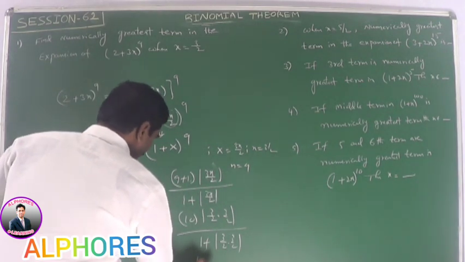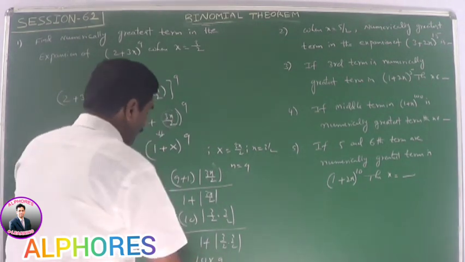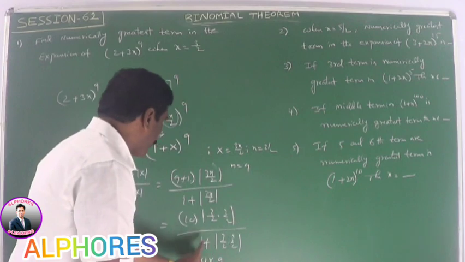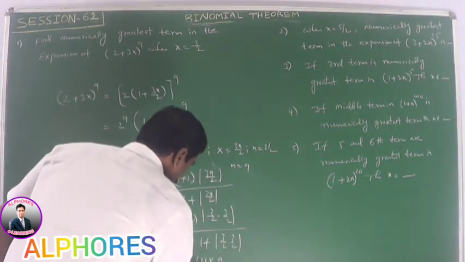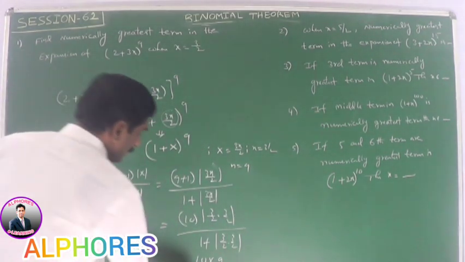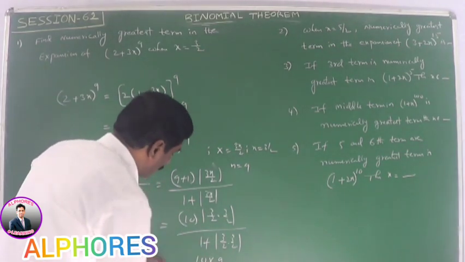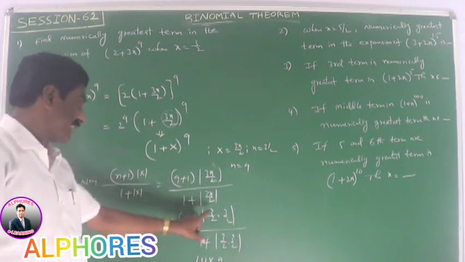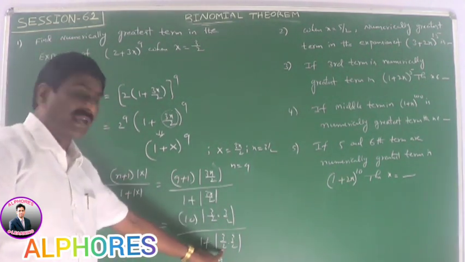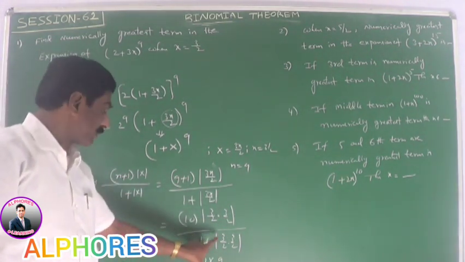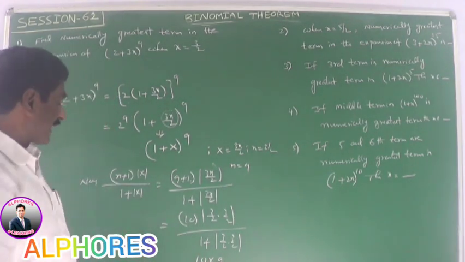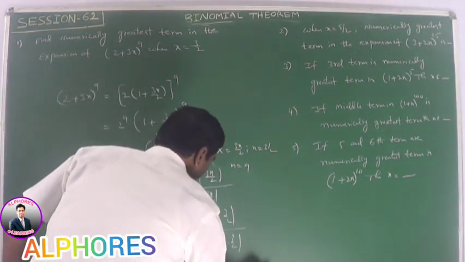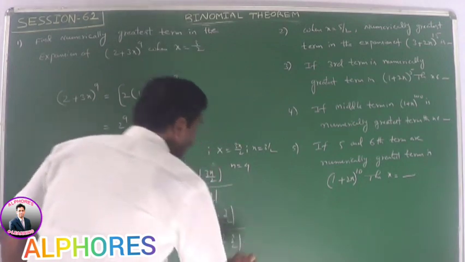That means 10 into 9 by 4 over 1 plus 9 by 4. LCM is 4, so 4 plus 9 gives 13, and the 4 cancels. We get 90 by 13.